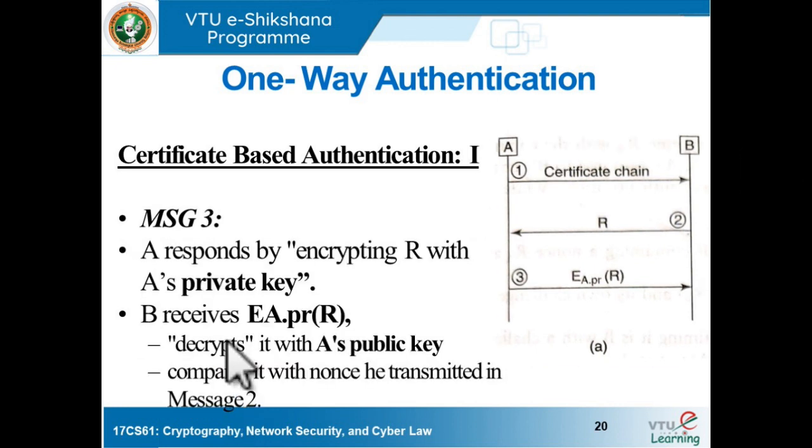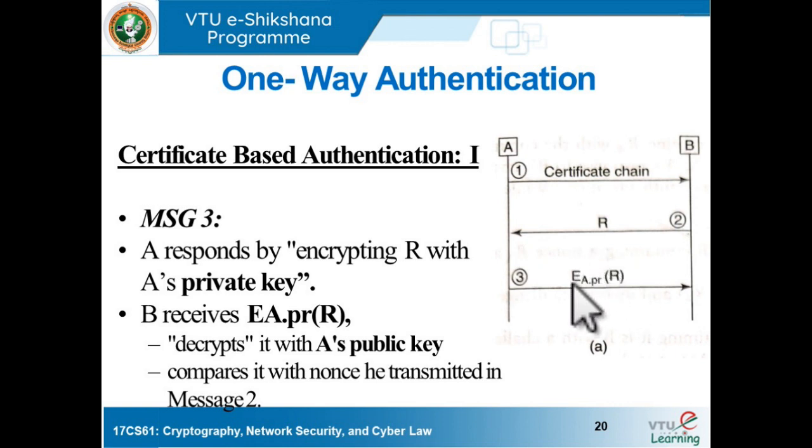Moving further, once all these validations are positive, B is sending a nonce to A. Now there is a reply that has to be sent by A back to B. Now what does this reply contain? R is a nonce that is received from B in message 2.